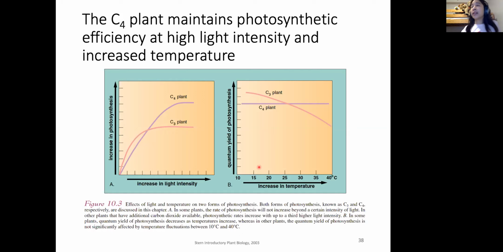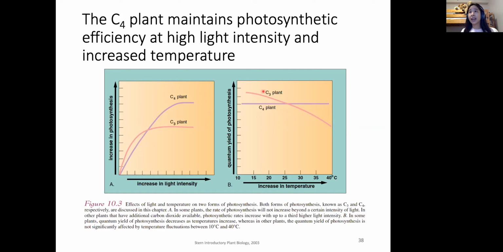Similarly with higher temperature, C3 has lower capacity for photosynthesis at very high temperature, above 25 degrees Celsius, but C4 is very consistent.